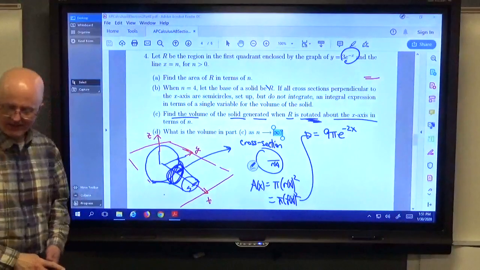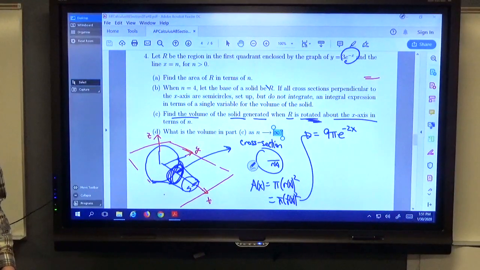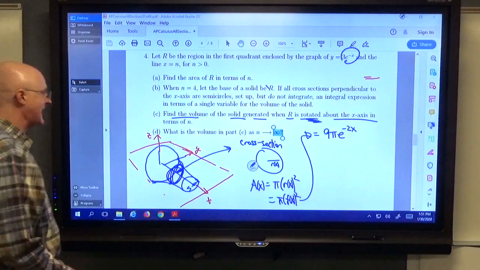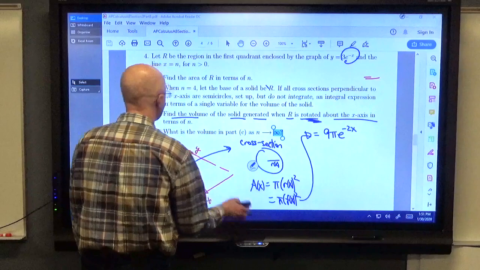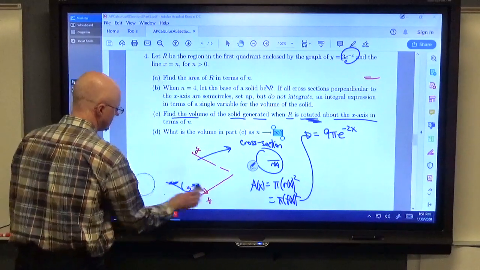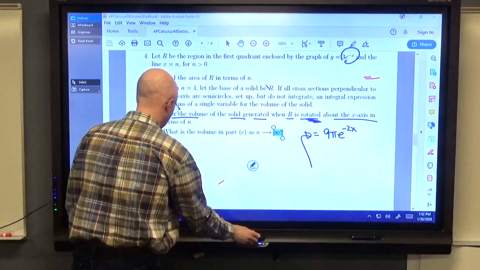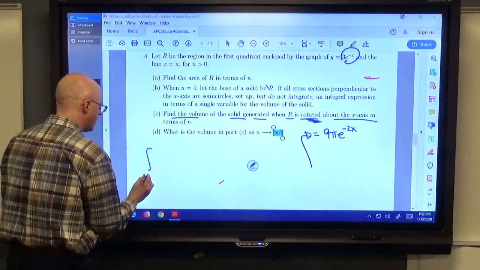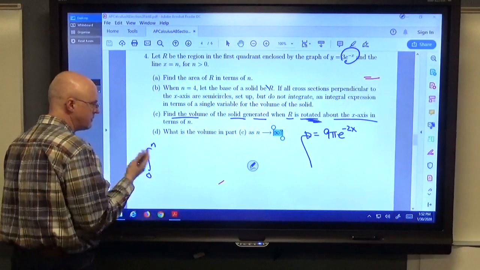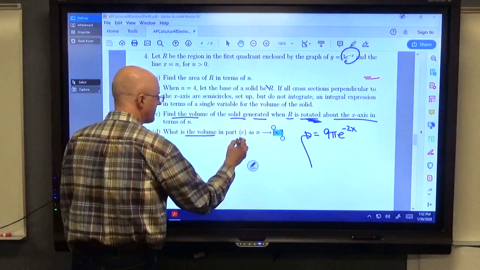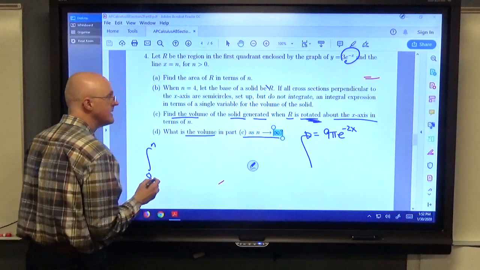And that function we want to integrate from 0 to n to get how the volume of this thing depends on n. We actually want to do the integral from 0 to n. And we'll do part C once we're finished because we want to figure out what happens to the volume as n goes to infinity there.